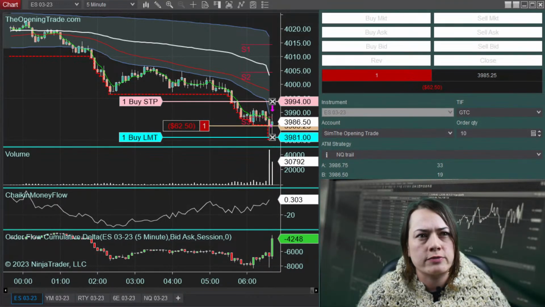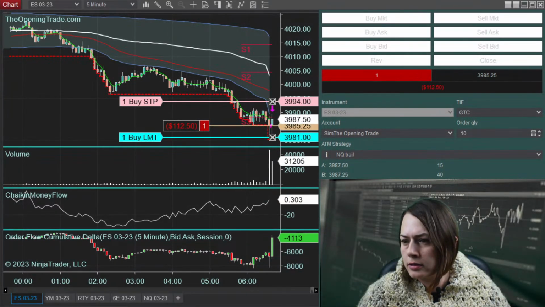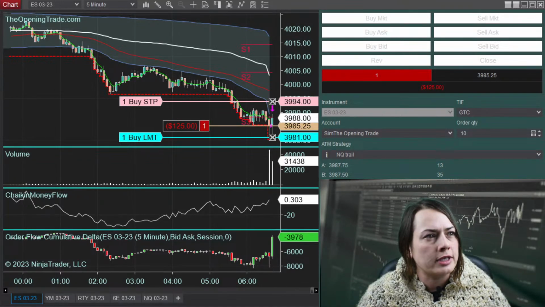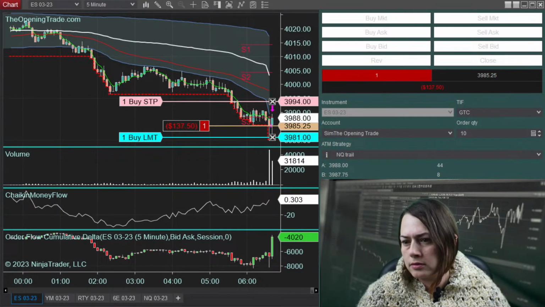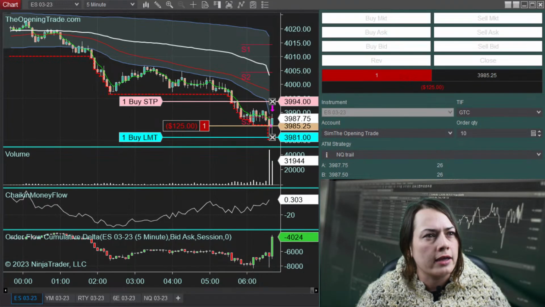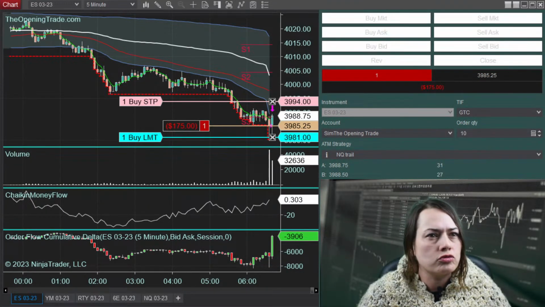Individual investors raise stake in Bosnia's Japara. Germany's Leopard tank move puts spotlight on its maker, Rheinmetall. Oh, we already said that one.